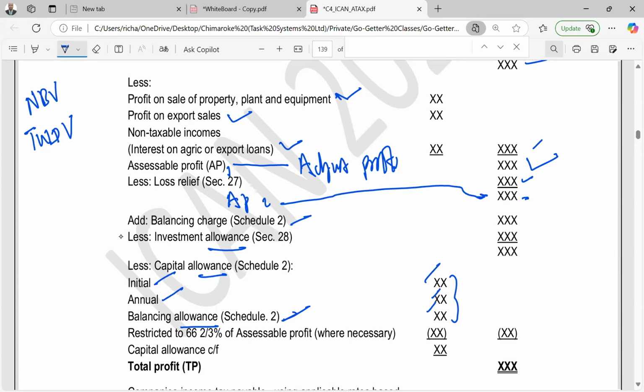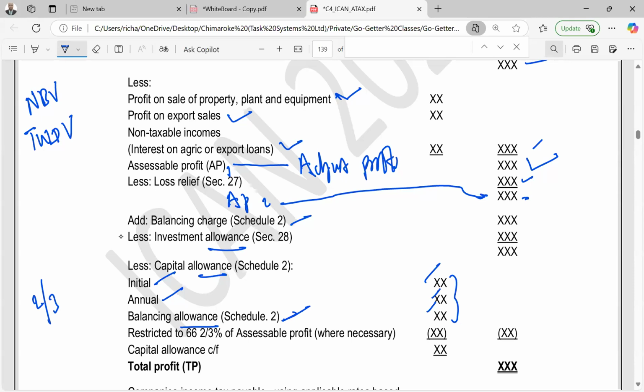There are some companies that will be paying, where two-thirds of their capital allowances is being restricted as what they can deduct.